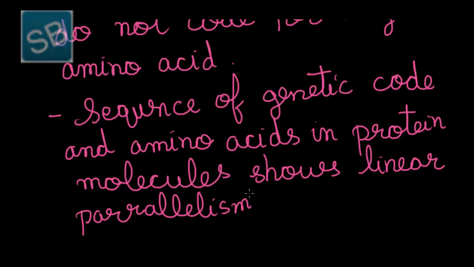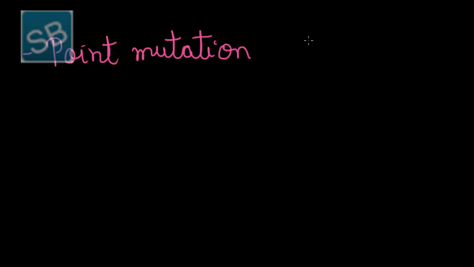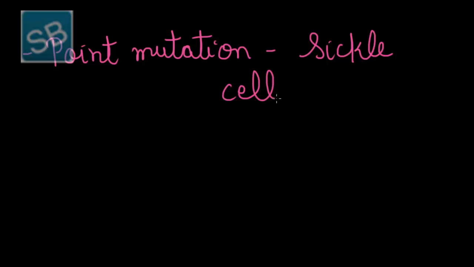That is, a straight and parallel nature of the genetic code and amino acid within a protein is determined with the help of its sequence. Apart from this, there occurs a point mutation that is associated with the genetic code, which results in many diseases like sickle cell anemia. This is a disease which occurs due to the point mutation that occurs in the genetic code. And so such a mutation can also be called a gene mutation.